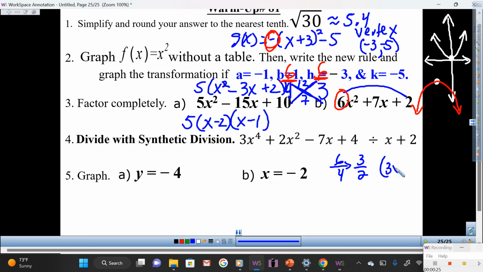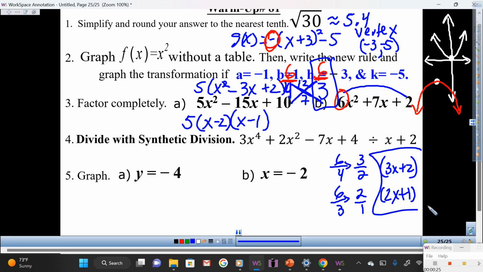So my factor is 3x plus 2. All right, let's look at the other fraction. The other fraction is 6 over 3. Can I simplify that one? Yes, which is what? 2 over 1. So my factor is 2x plus 1. And there, those are my factors.